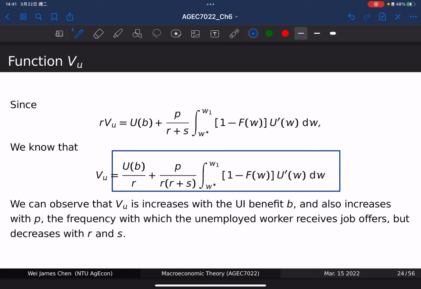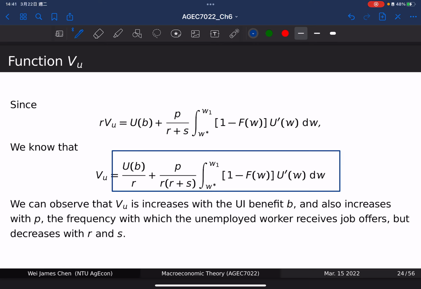Okay, so it used some different notation. But in my case, these things should basically be u of w, and this straight line is r times VU, and then when these two are equal to each other, it gives me the w star that I want.